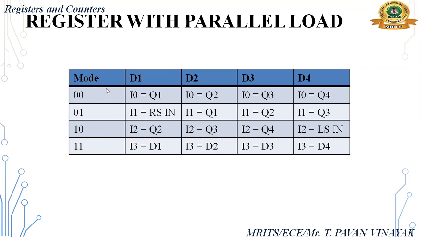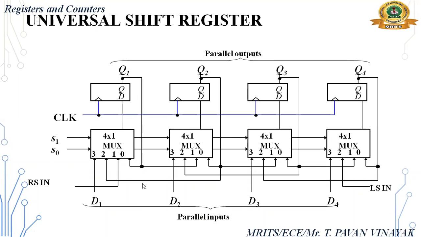After forming the table, you have to draw the circuit. We have 4 flip-flops and 4 multiplexers.